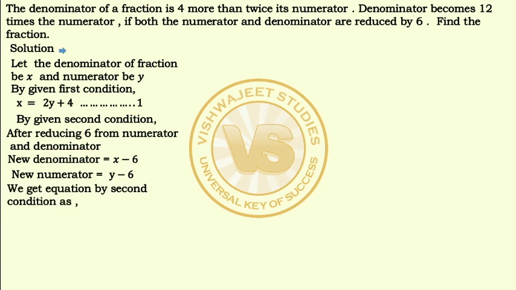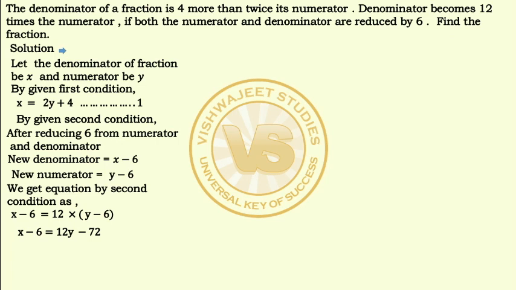According to our second condition, x - 6, which is our denominator, is equal to 12 times its numerator, meaning 12(y - 6). So our equation is x - 6 = 12(y - 6).